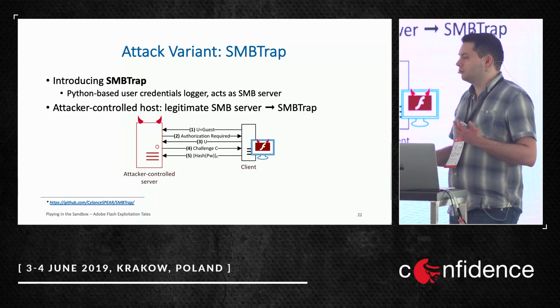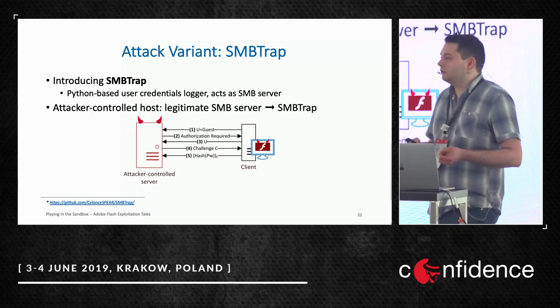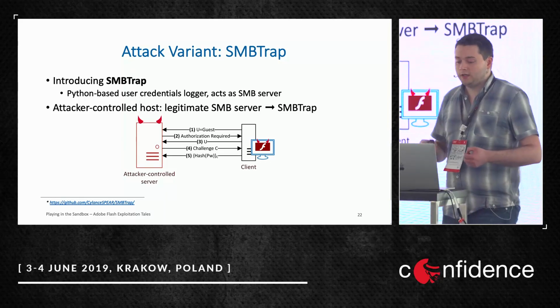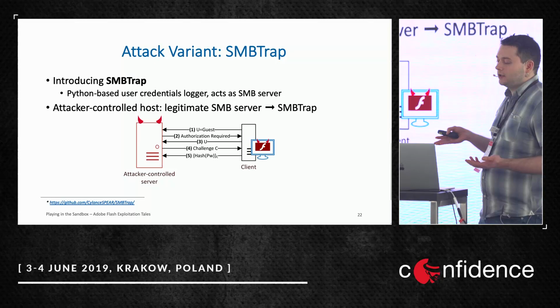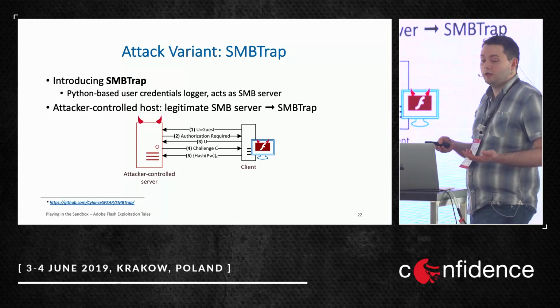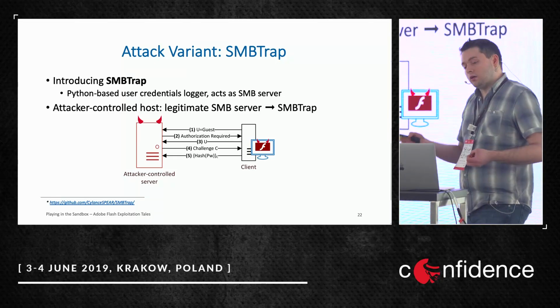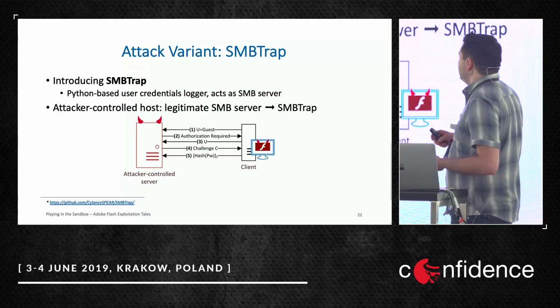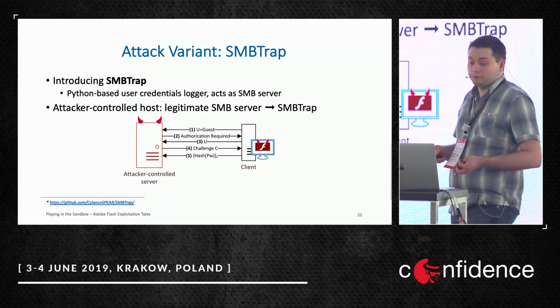And basically, this restores the regular logon procedure, which we've discussed in the previous slides, in the sense that the client sends the plaintext username to the server, the server sends back a challenge, and then the client will send back a hash of the password encrypted with that challenge.